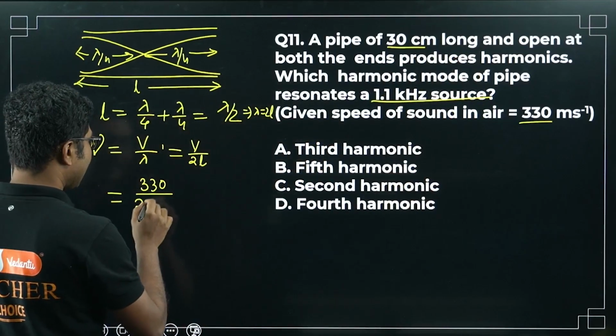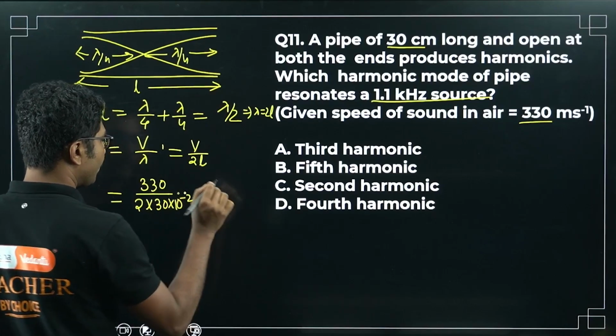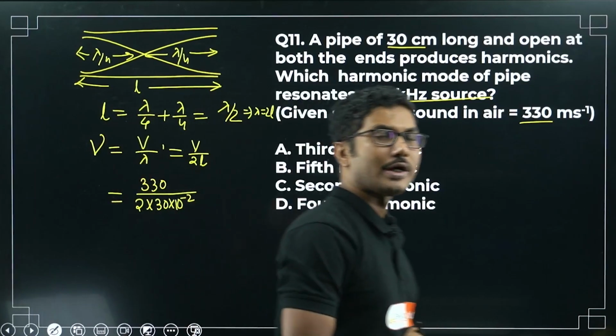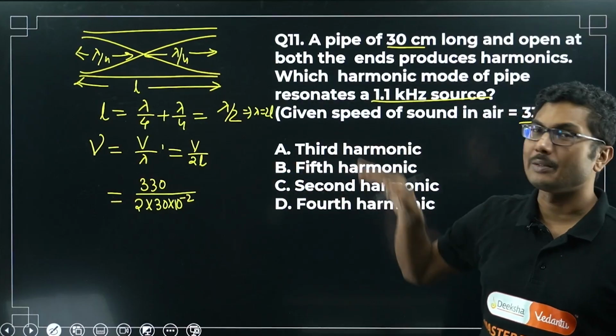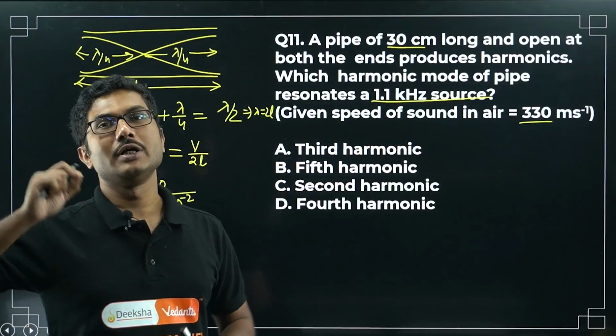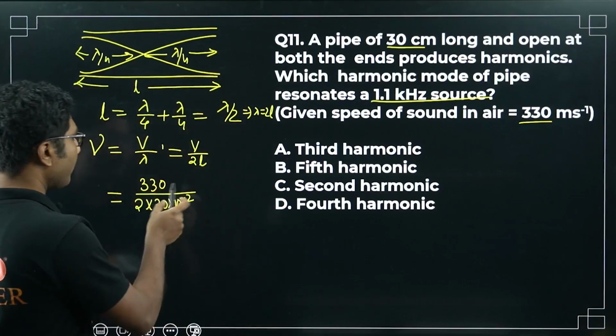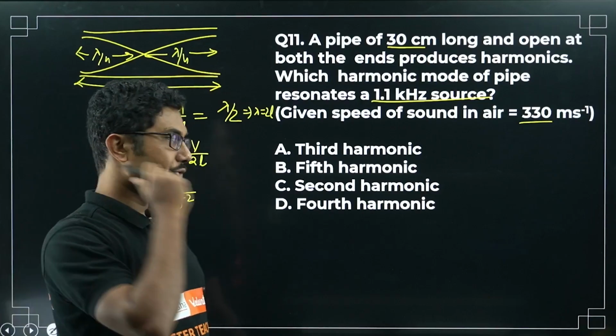Okay, 30 centimeter means 30 times 10 to the power of minus 2. So whenever centimeter is given and you want to convert it into meter, always multiply with 10 to the power of minus 2. That is much easier than using points, dots, etc. That might confuse you, but this 10 to the power of minus 2 will never confuse you, right?